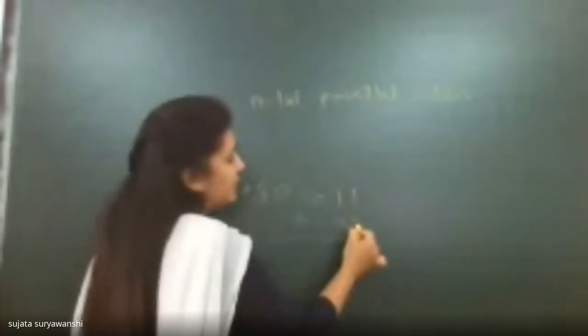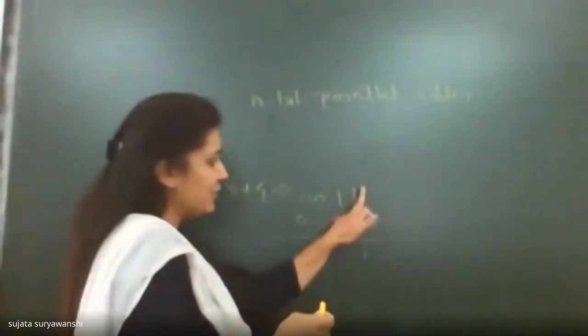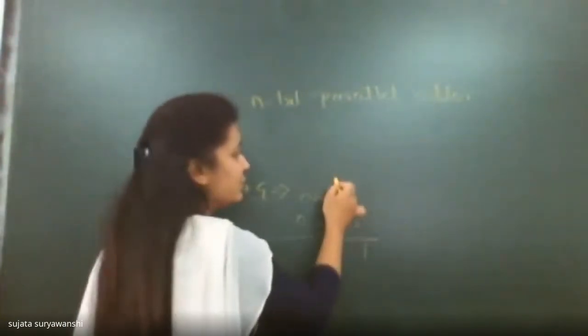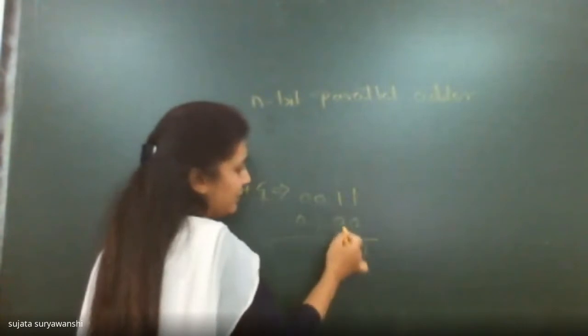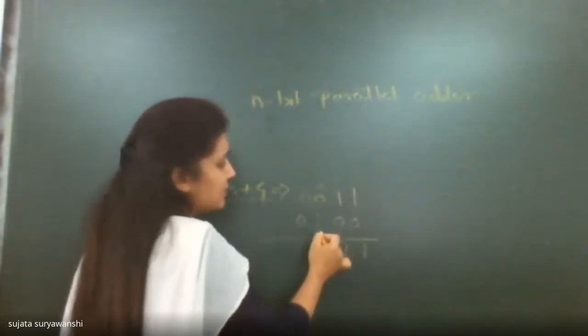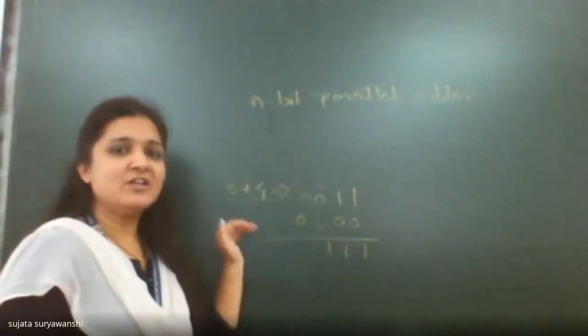So 0 plus 1 plus 0 is equal to 1. Carry 0 is generated, and it should be transferred to the next addition. 0 plus 1 plus 0, again 1. Again carry 0 is generated. 0 plus 1, 1. Like this, we are performing this addition.